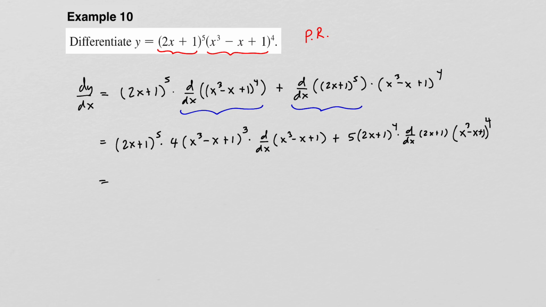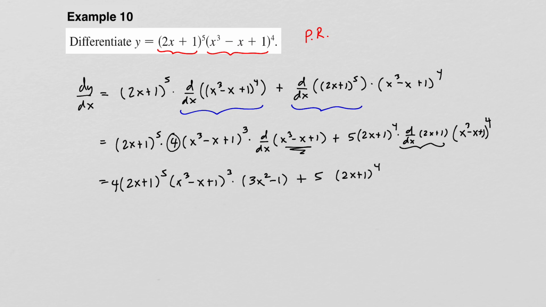So now let's go ahead and finish this up. We have 2x plus 1 to the 5th power multiplied by 4. I'm going to put that in the front. And then we have x cubed minus x plus 1 to the 3rd multiplied by the derivative of this, which is 3x squared minus 1. Plus, here I have 5 times 2x plus 1 to the 4th.